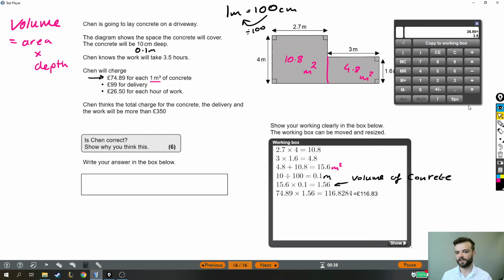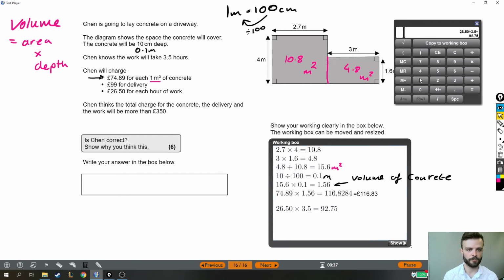If it was like 5 hours, then it would be £26.50 times 5. Doesn't matter that we've got a decimal. We still times by the number of hours it'll take, giving us this figure, which is how much the work will cost, like the labour cost. So now we can add up the total cost of all the pieces and work out whether he's right that it will be more than £350.